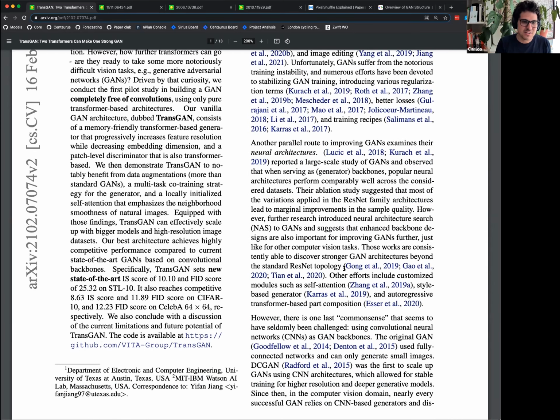And then the other big question mark that the authors raise about GANs is that no one ever questioned that convolutional networks are the best architectures for GANs. What they say is that the main disadvantage of using convolutions is that you have a trade-off between the receptive field and the complexity of the model.